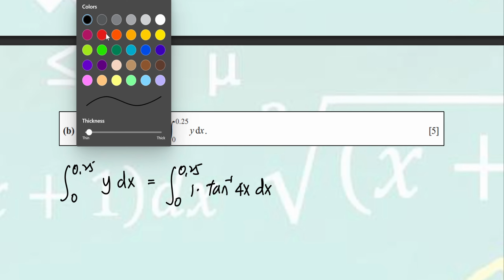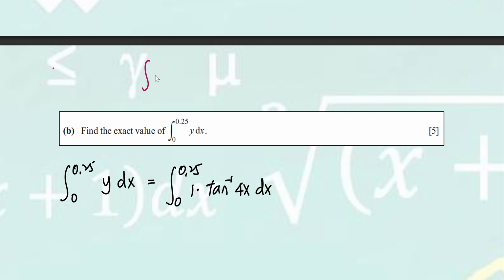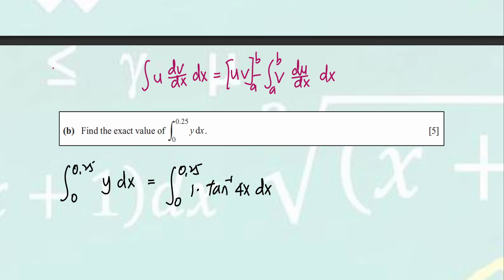Okay, so the by parts formula is basically the integral of u dv/dx equals uv minus the integral of v du/dx. If with limits, then just add on the limits on the right side. So then from here, my u is arctangent 4x.